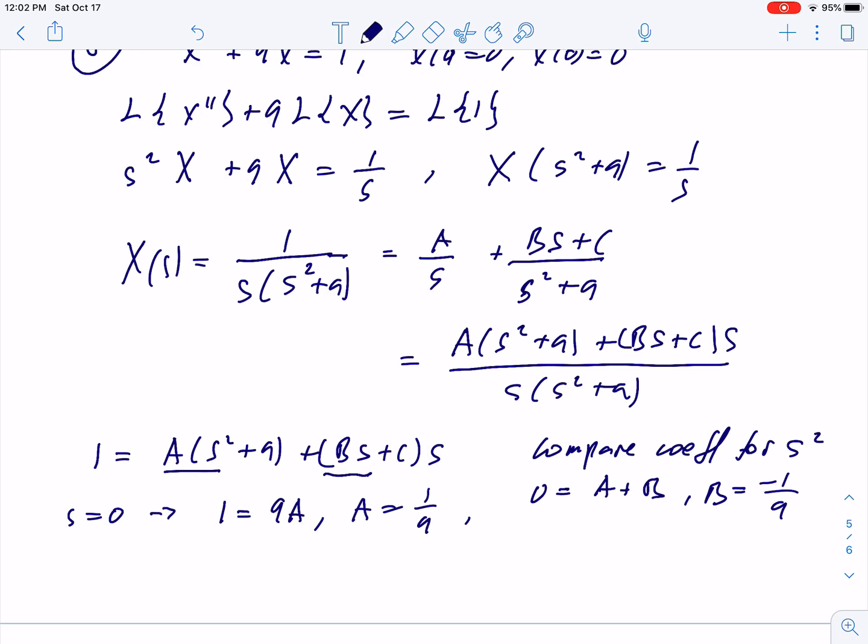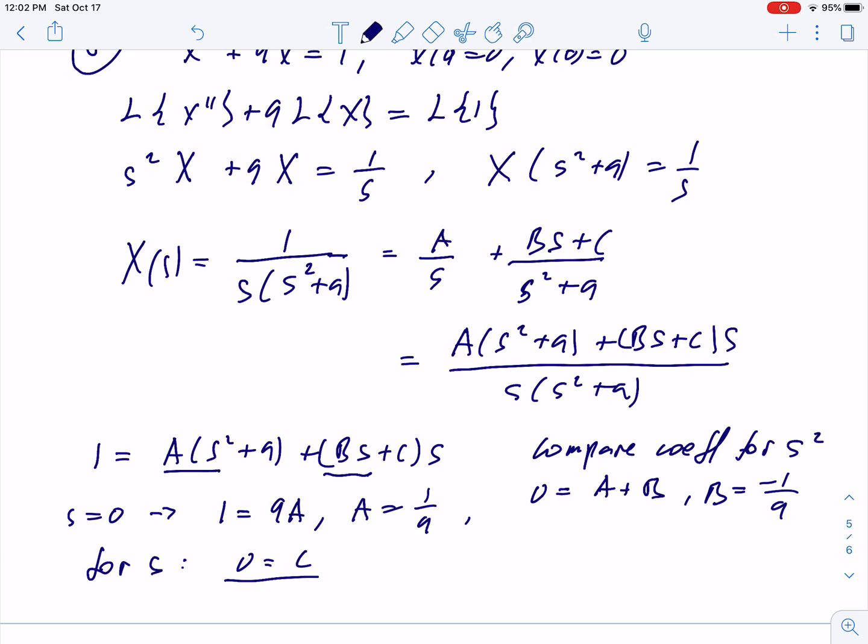What about c? Look carefully at this equation. There is no c on the left side, and on the right side there will be cs, first power. For s, in front of s we have 0 equals c.